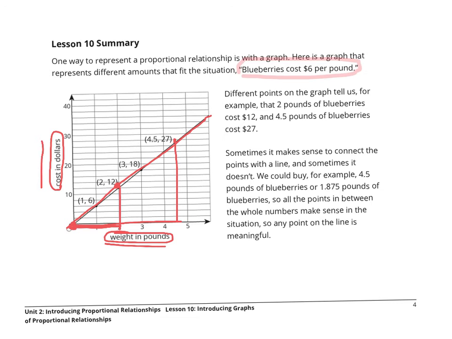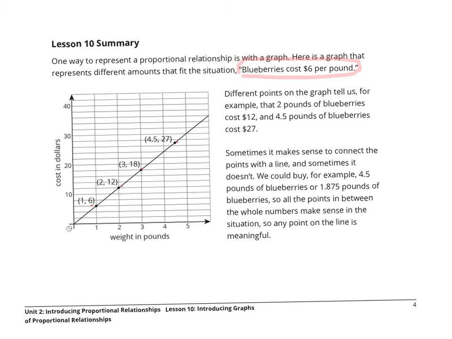Sometimes it makes sense to connect the points with a line, and sometimes it doesn't. We could buy, for example, 4.5 pounds of blueberries or 1.87 pounds of blueberries, so all the points in between the whole numbers make sense in this situation. Sometimes that doesn't make sense, like if it was number of people on the x-axis. You couldn't have 4.3 people, so sometimes graphs are just represented by individual dots instead of a line.